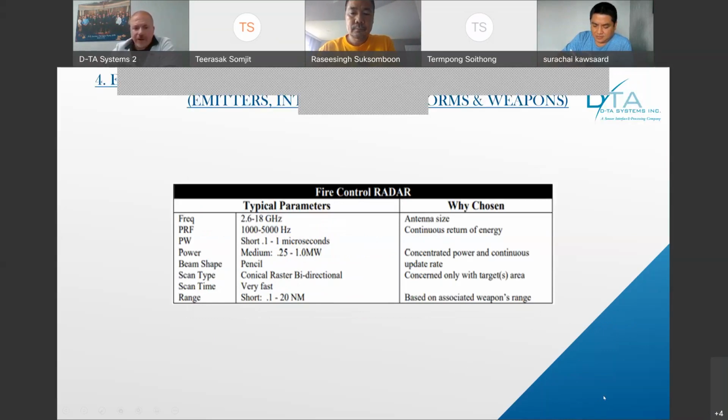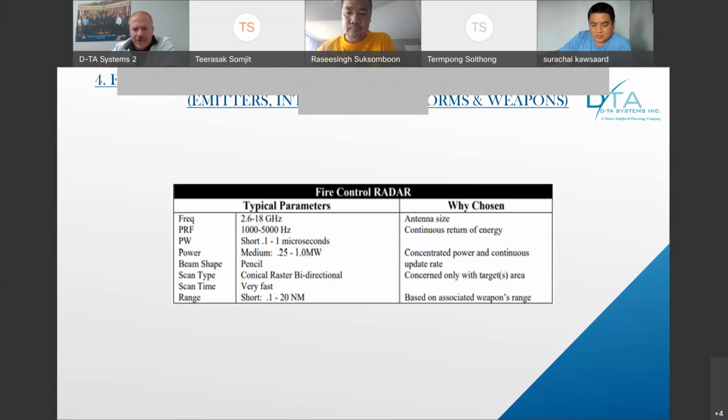Fire control radar, again depending on antenna size and whatnot, can have a very wide frequency range, generally anywhere from 2.6 up to 18 gigahertz. Your PRF, for continuous return of energy, you're going to look at about 1,000 to 5,000 hertz with a very short pulse width. It's going to have a concentrated power for a continuous wave style of waveform.